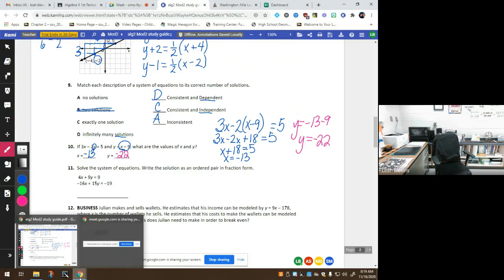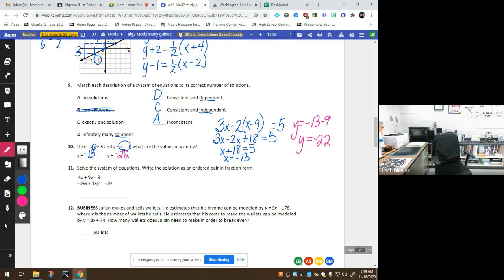All right, what am I going to do on this next one? What seems to be the most obvious thing to use? Elimination, exactly. That's what I would use. Now, again, you could use whatever you want. If you want to try and get a y or an x by itself and substitute it, you can do that. If you want to put them in slope-intercept form and graph it, you can do that.